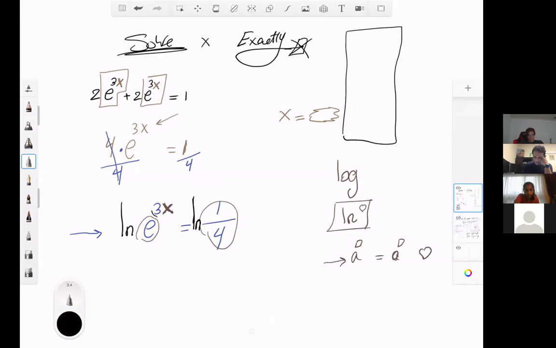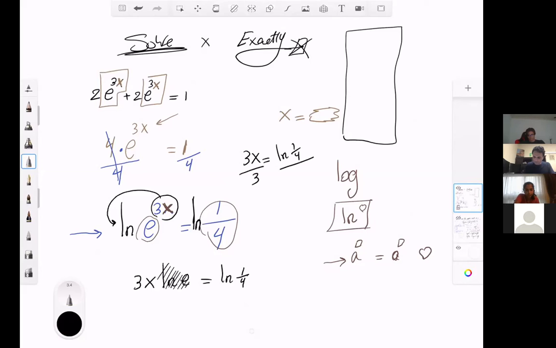So now I apply the exponent. This is going to come over in front of ln. It will be 3x ln of e equal to ln of 1 over 4. Ln of e is 1. You should know that. So we have 3x equal to ln of 1 over 4, divided by 3.